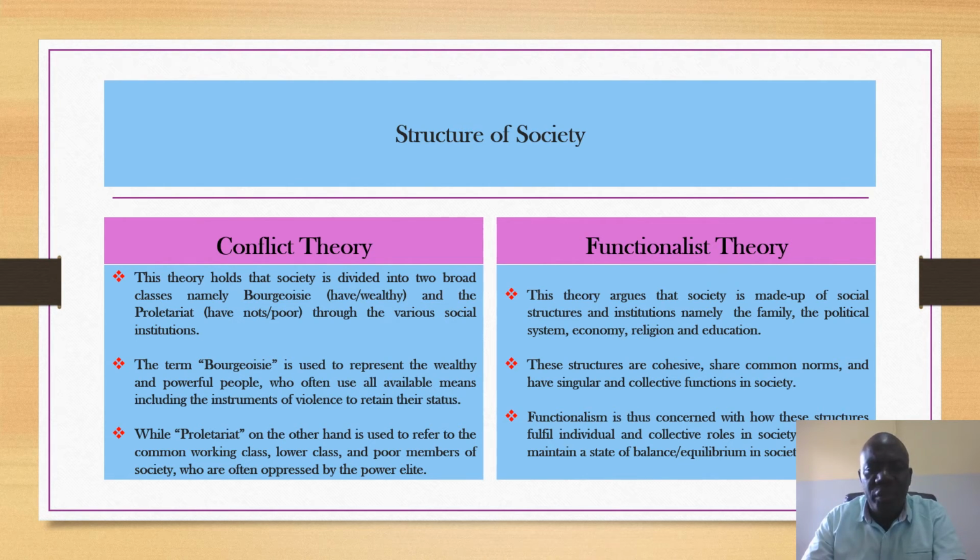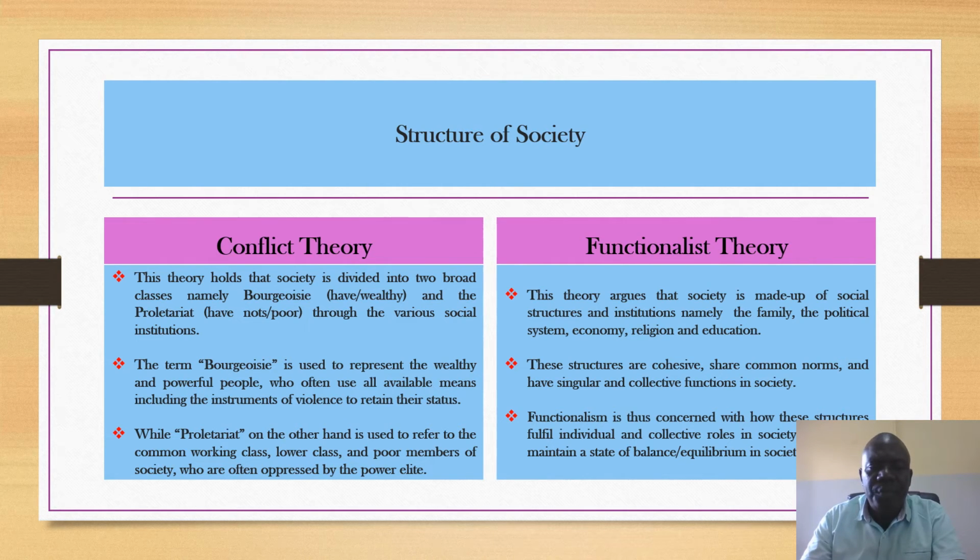For conflict theory, they look at society in terms of two structures, and that is the proletariat and the bourgeoisie, or the haves and the have-nots. That is how conflict theorists perceive society as being structured.